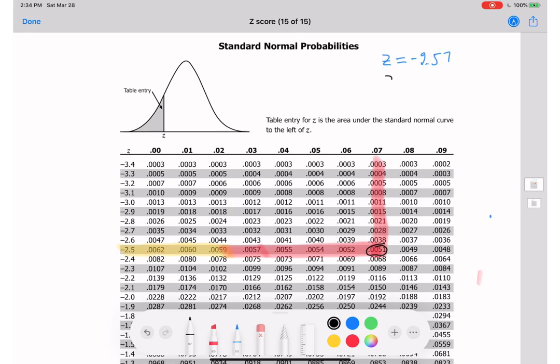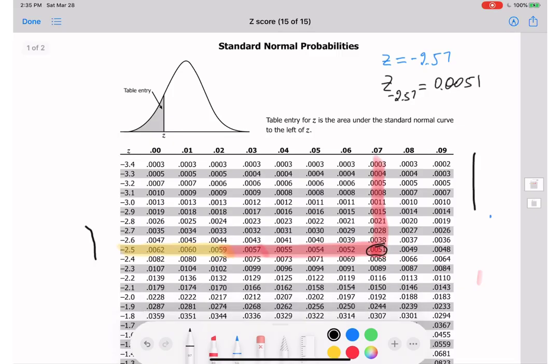So z-score for negative 2.57, we can put is equal 0.0051.